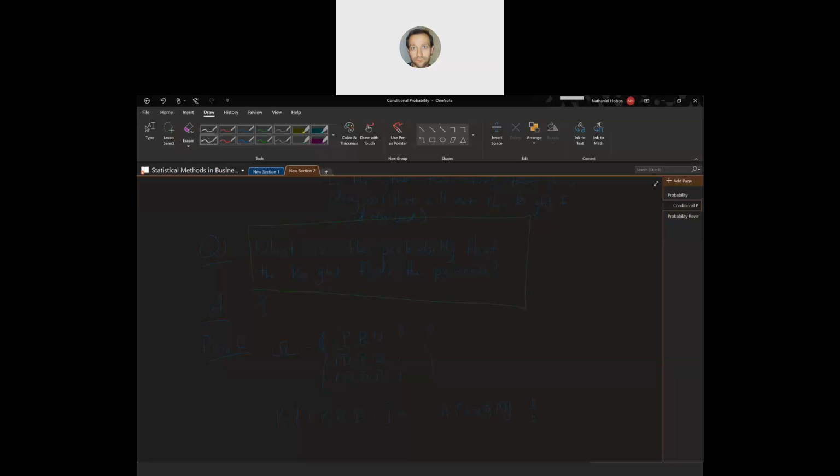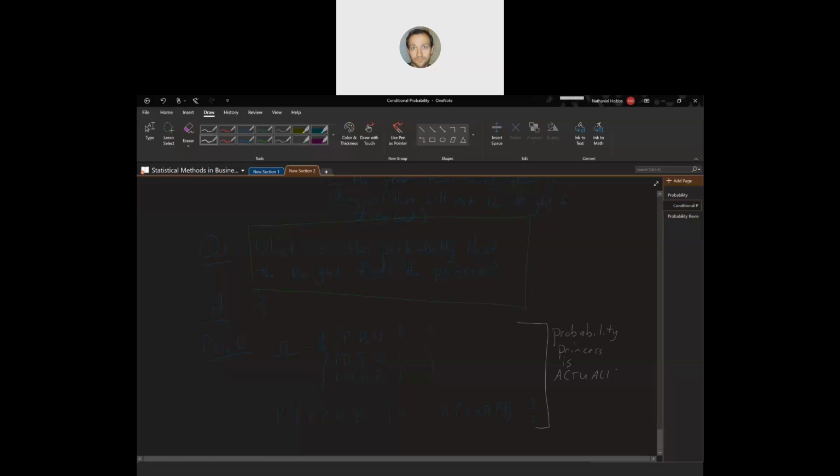So this is the probability the princess is actually in a given cave.